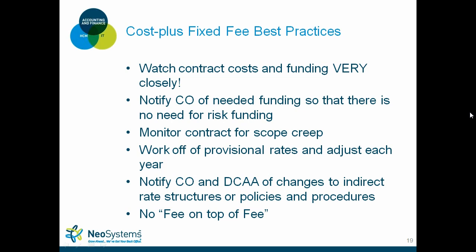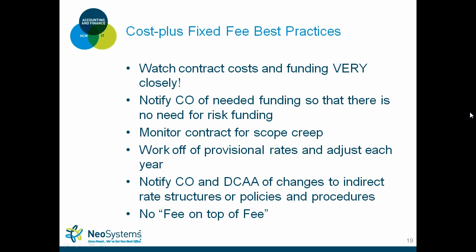typically what will happen, if you don't have an advanced accounting system, or you have an employee that truly doesn't understand cost-plus work, a lot of times those sub-costs that you get, you're going to have fee on top of that as well.